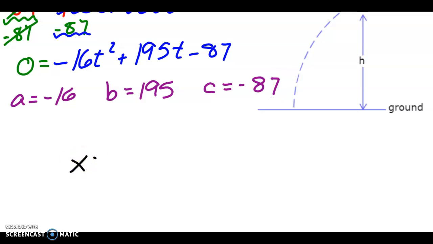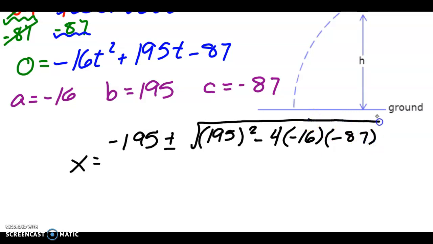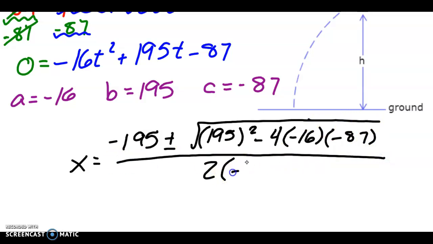I've got x equals the opposite of b, so it'll be negative 195 plus or minus the square root of b squared, which is 195 squared, that's going to be a big number, minus 4 times a, which is negative 16, times c, which is negative 87, all over 2 times a, which is negative 16.